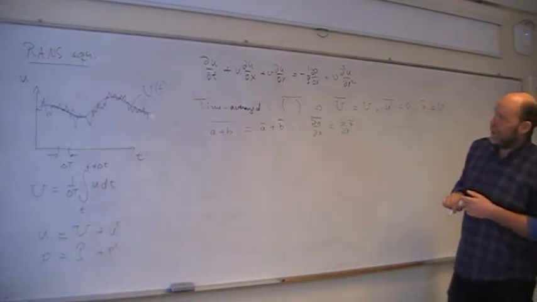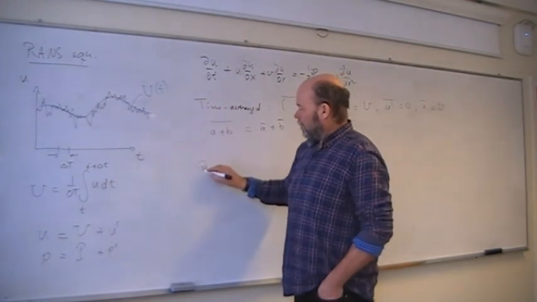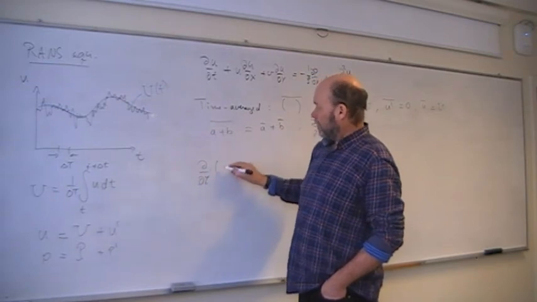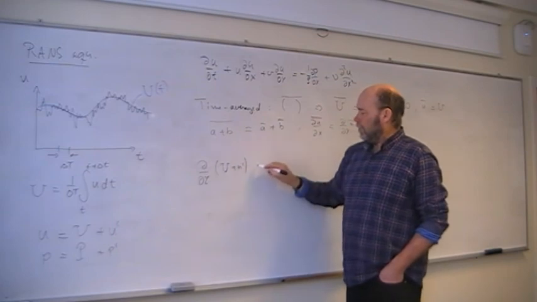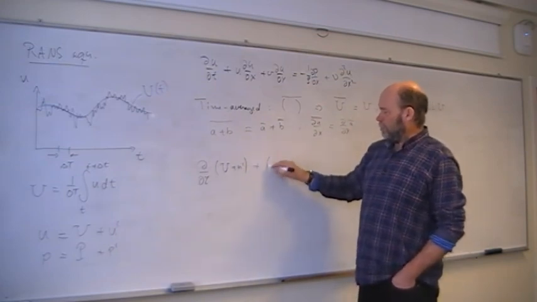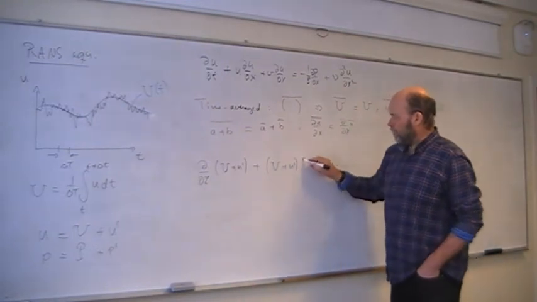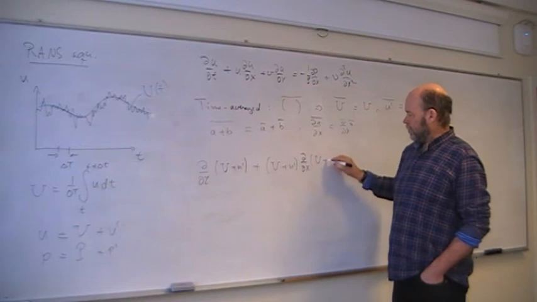Well, if we now start, what do we get here? Well, you will have the time derivative of large U plus U fluct, plus, and so on, large U plus U fluct multiplied with the x derivative of large U plus U fluct.